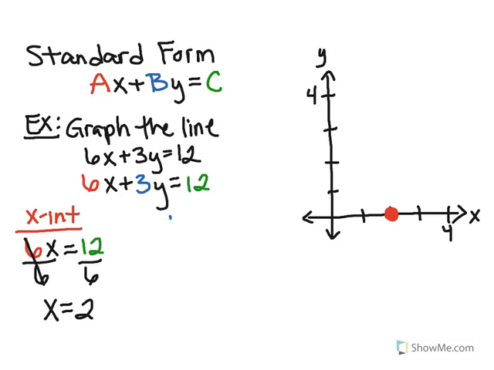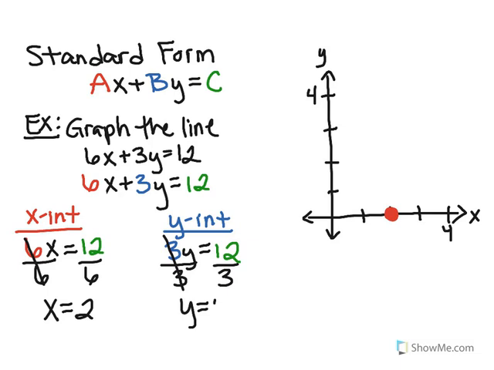Now, in order to find the y-intercept, I'm only interested in the y term, so I'm going to set x equal to 0 and that's just going to give me 3y equals 12. And I'm going to solve this equation the same exact way as I solved before. Divide both sides by 3.